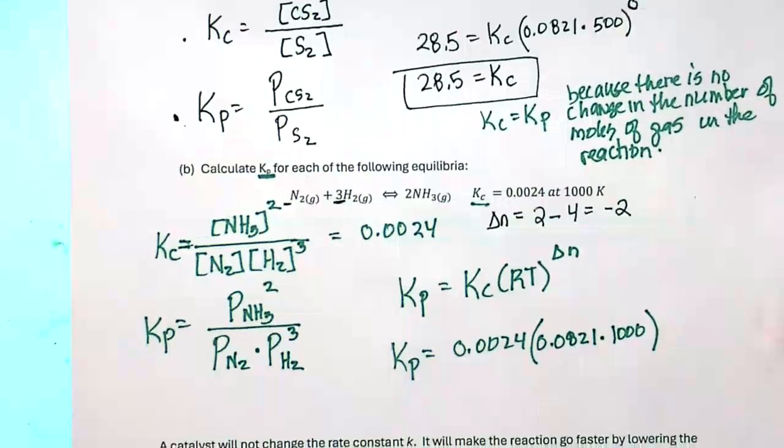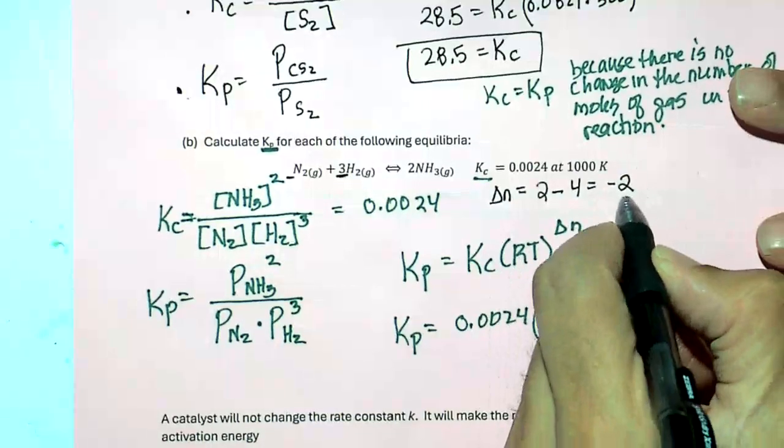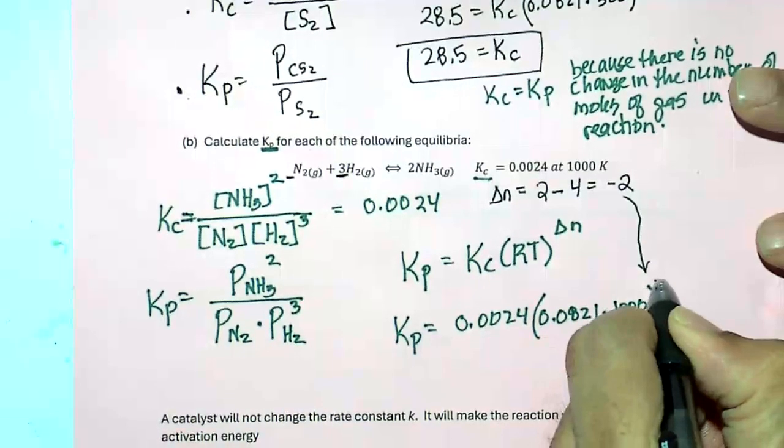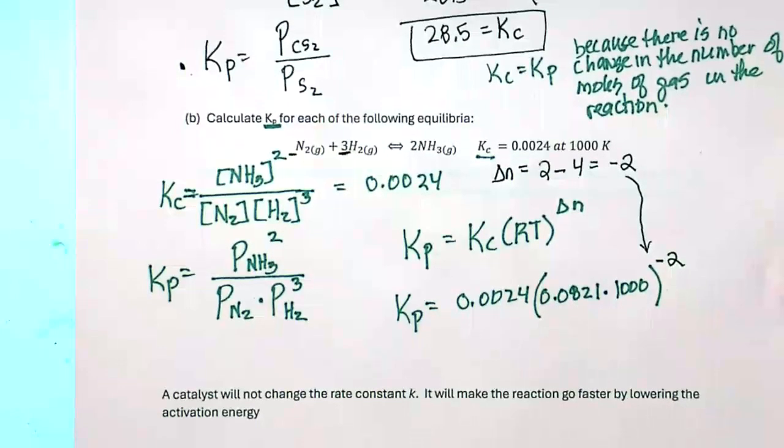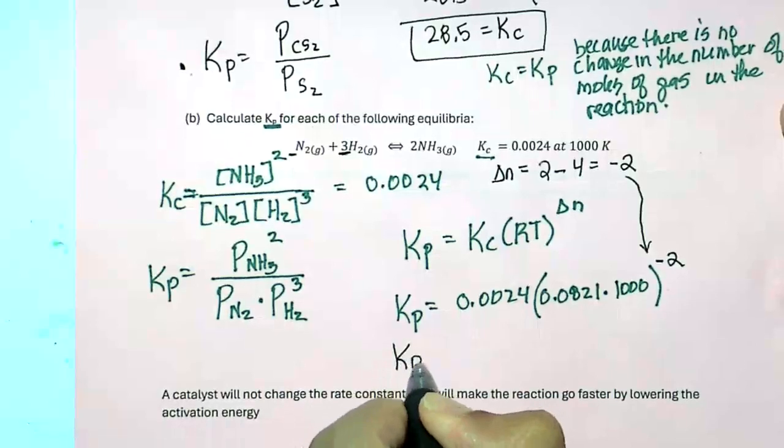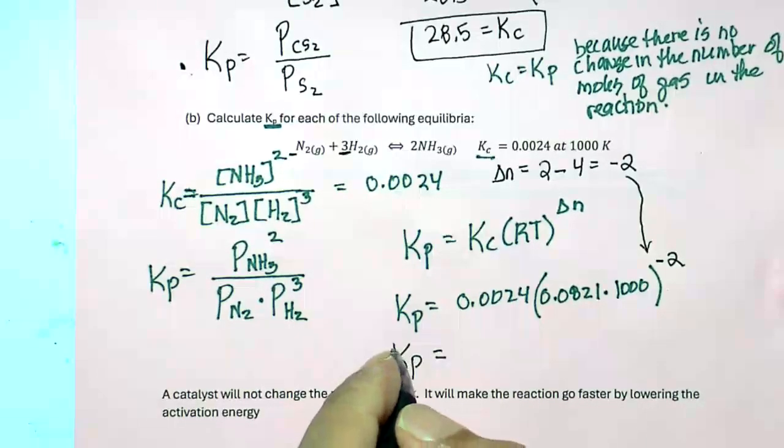So delta N is -2. So this whole thing is raised to the power of -2. Once we put this in our calculator, we'll get the equilibrium constant in terms of pressure. Let's quickly do that before we close shop.